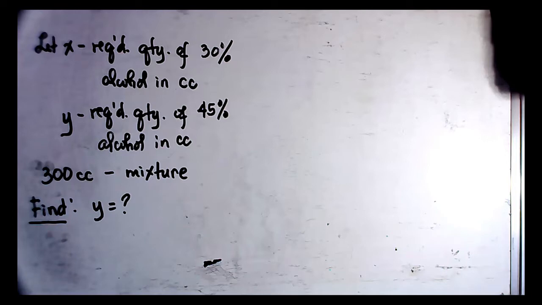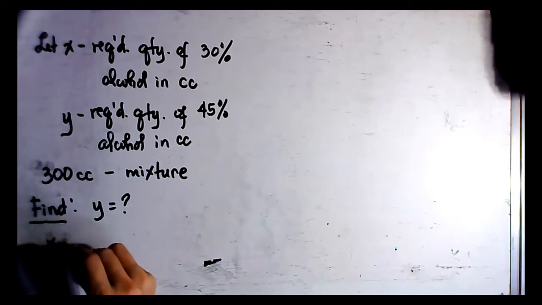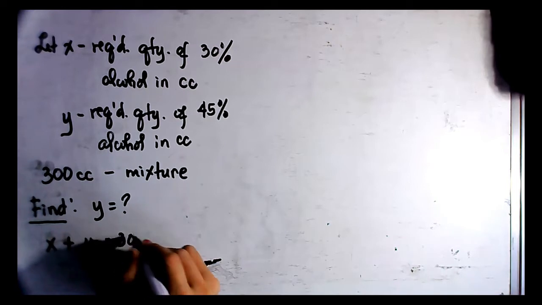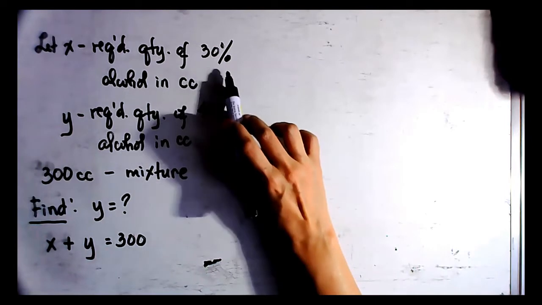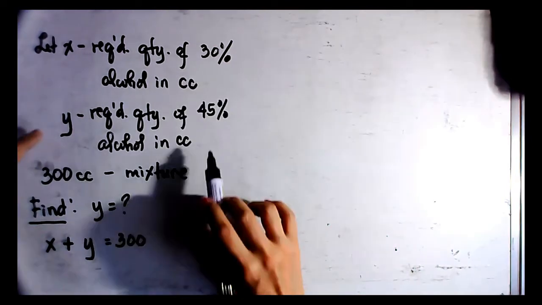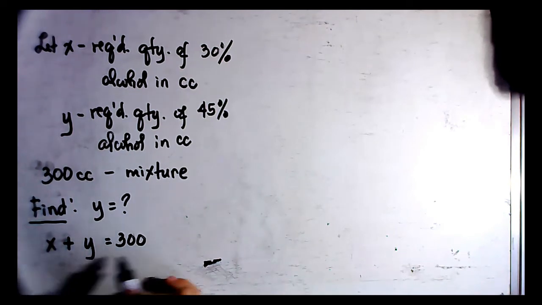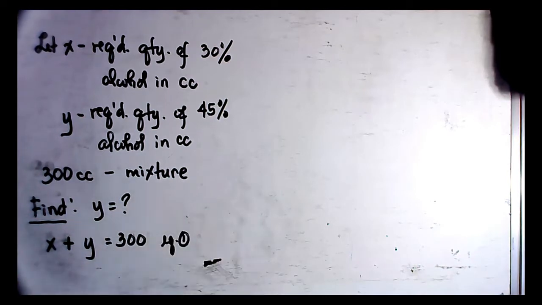The total mixture that we have is 300 cc. So if you add X plus Y, that would be equal to 300. X is the required quantity of the 30% alcohol in cc, while Y is the required quantity for the 45% alcohol in cc.